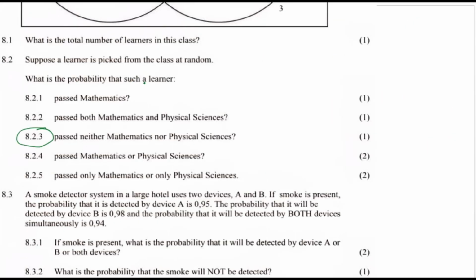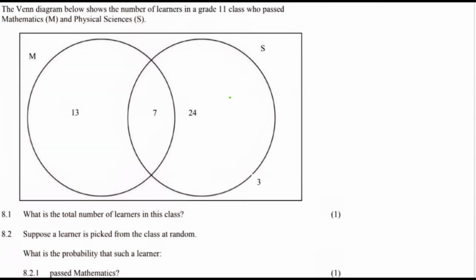8.2.3. What is the probability that such a learner passed neither mathematics nor physical sciences? In this case, this one passed maths only, this one passed both maths and physical sciences, and this one passed physical sciences only. But this one out there did not pass maths and did not pass physical sciences.